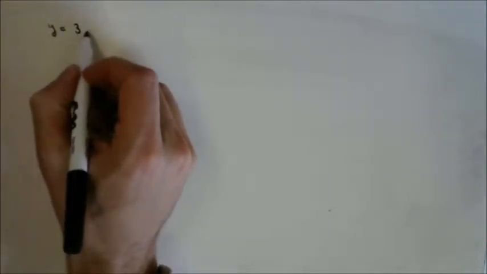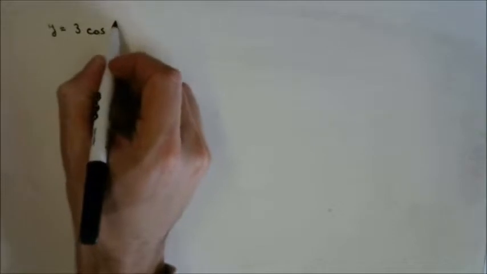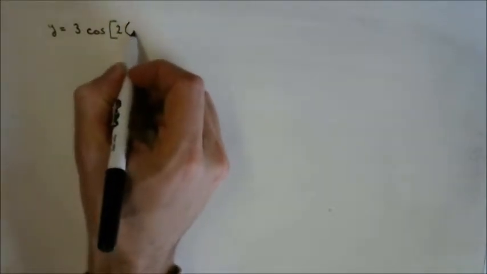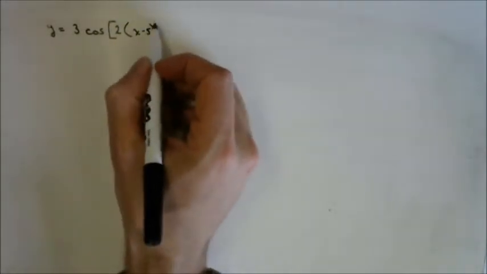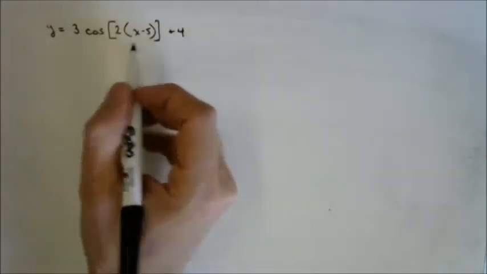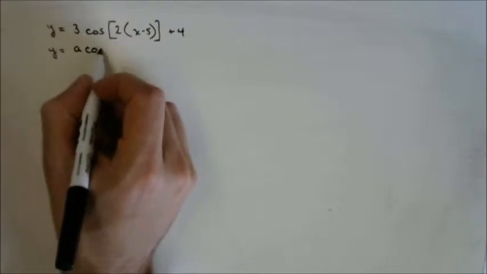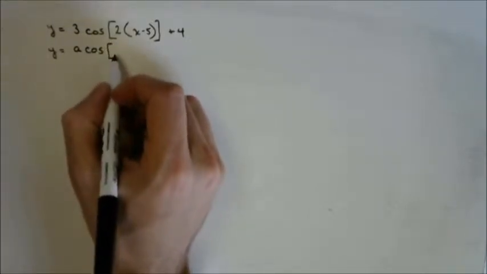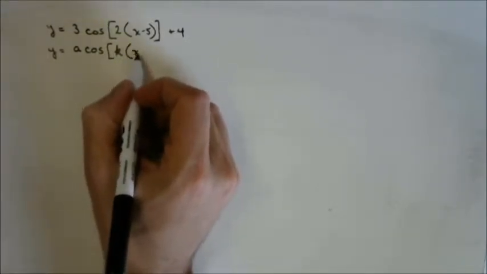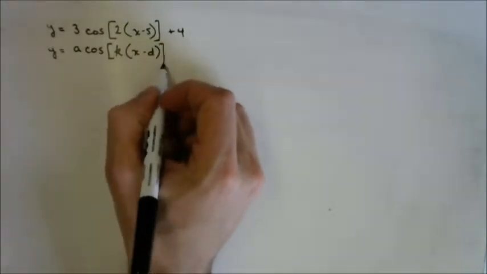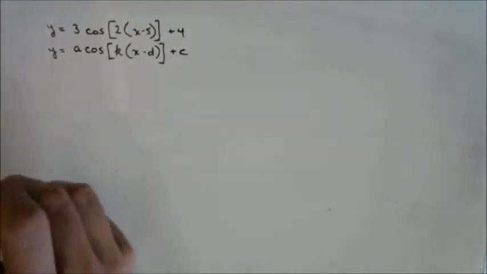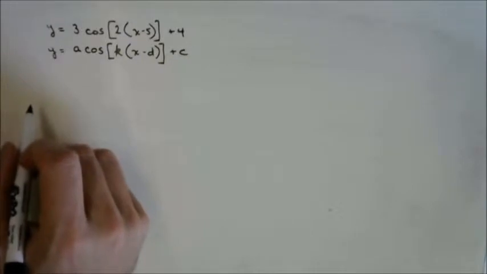So all we have to do is compare the function we've been given, y equals 3 cos 2(x minus 5) plus 4, to our general form, with amplitude out front, k(x minus d) plus c, and just identify the parameters.